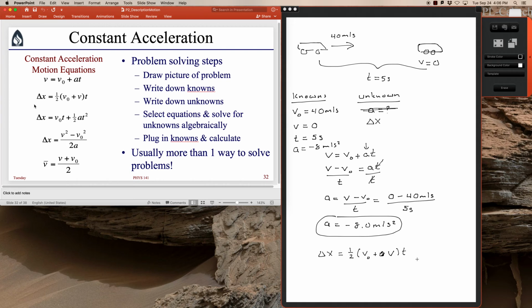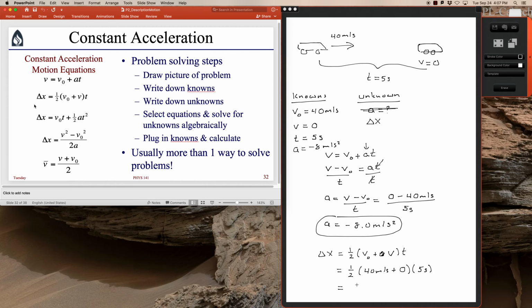Well, it looks like this is already solved for my unknown, so I can just go ahead and plug in numbers. The initial velocity was 40 meters per second. The final velocity was 0, and the time was 5 seconds. So solving for displacement, I get a value of 100 meters.